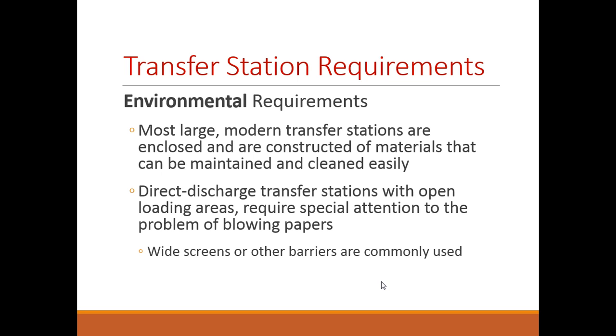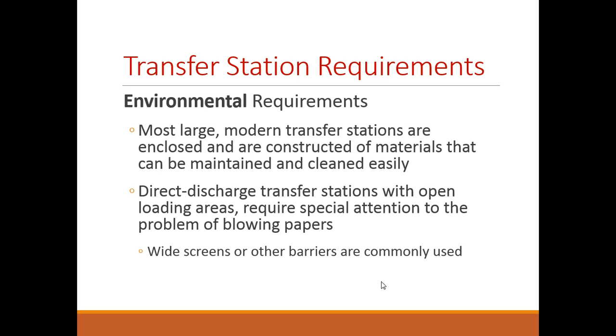Also, at direct charge transfer stations, some areas may be open loading areas, so you have to have things in place for light waste that could be easily blown about, such as paper, dust, etc. You want to make sure you have things in place that will contain the movement of this kind of waste, so that it doesn't go into neighboring communities or environmentally sensitive areas.